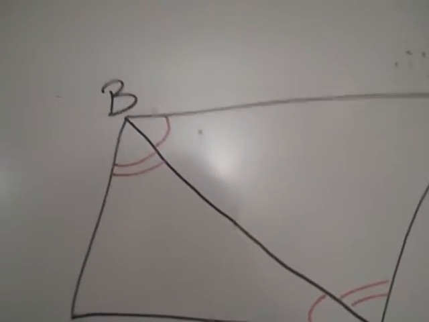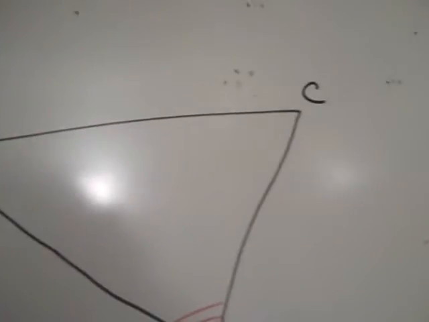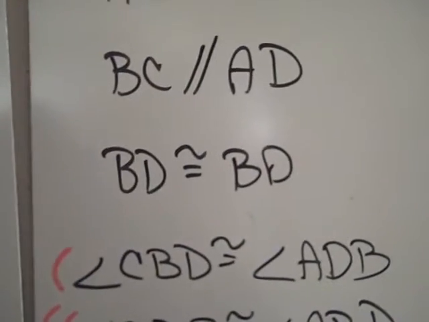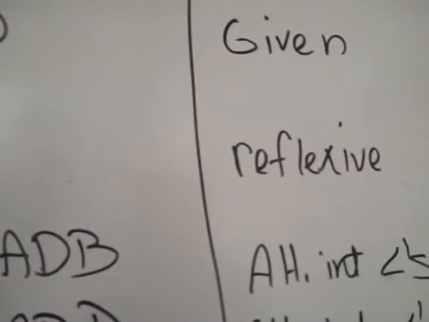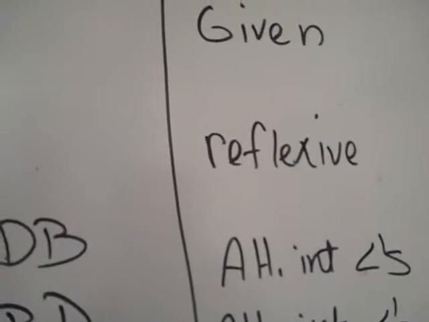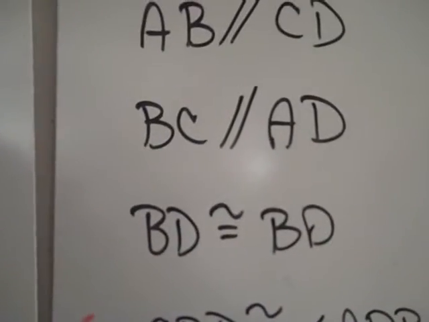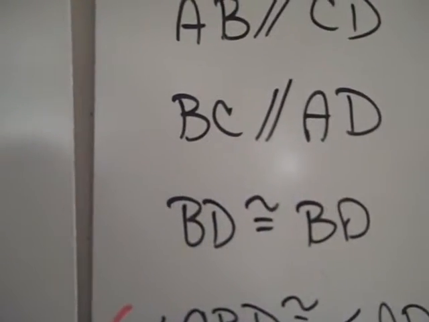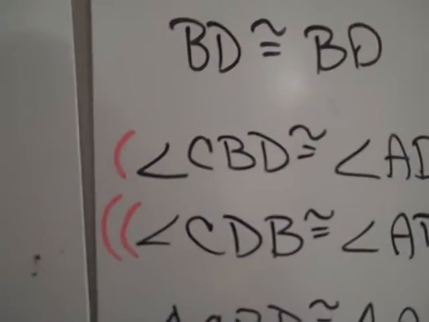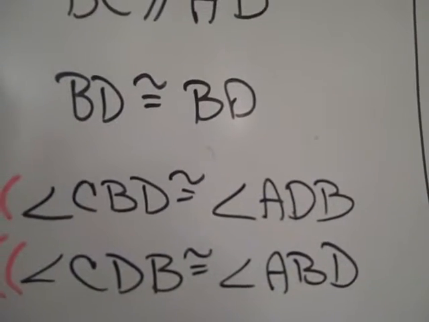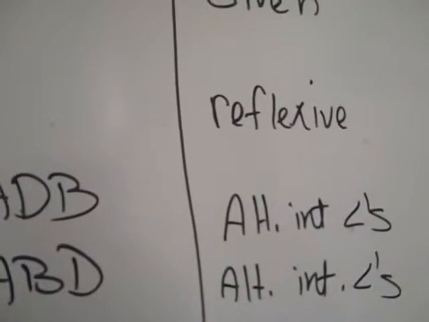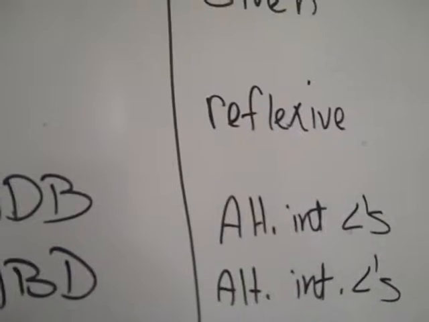Now, because line segment CB is parallel to line segment AD, that means the angle CBD and angle ADB are going to be congruent by alternate interior angles. And because line segment AB is parallel to CD, that means that angle CDB is congruent to angle ABD, again by alternate interior angles.